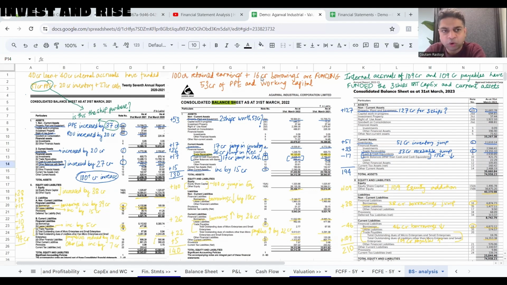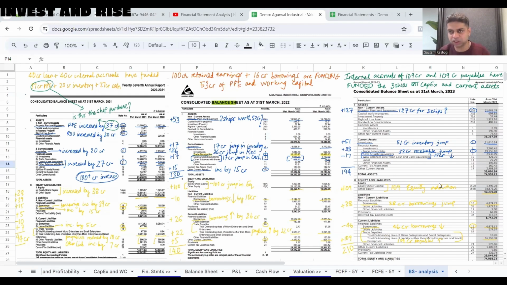Plus, they use some borrowings lower ho gaye, they use some borrowings to fund their capex investments and some working capital. Okay. Third year, they did not use any debt. That means they paid down their debt, which we saw. It was all the capex was funded and the inventory was funded using their own money, internal accruals, which is again very good. Okay. And plus also there was a marked increase in payables. Okay. Because they've withheld paying off their suppliers. All right.